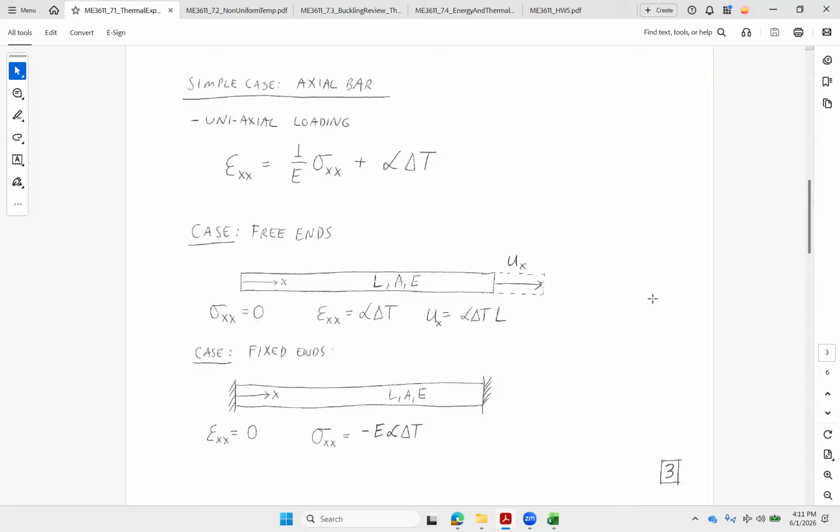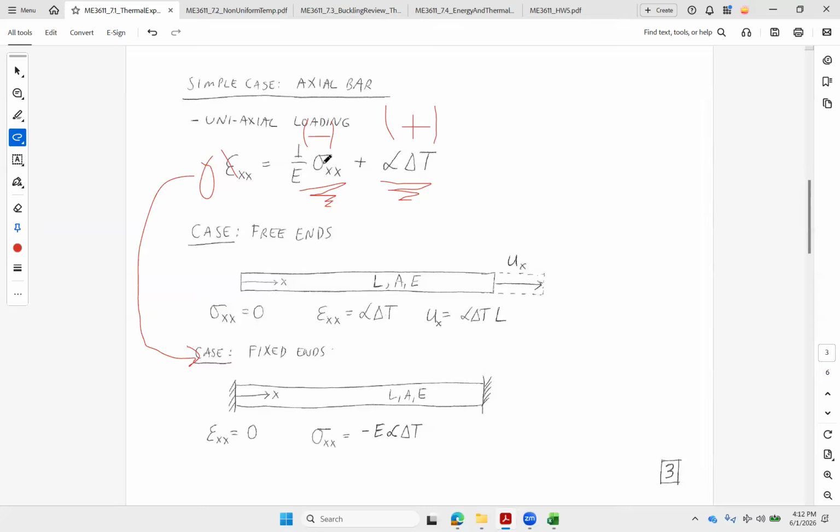So I put 0 in on the left-hand side up there. So I'm going to have a 0 right here for my fixed end case. But my alpha delta T is still working, right? If I heat it up, I'm going to get a big plus number here, or a little plus number. That means this one is going to have to counter to keep this total strain at 0, and we'll get some compressive value over here, right?